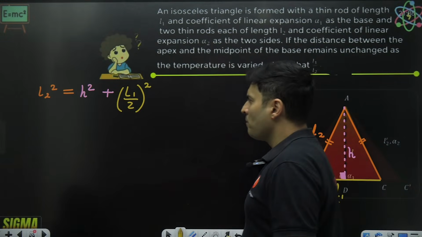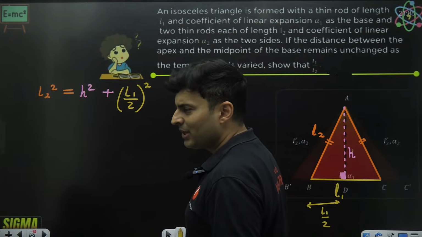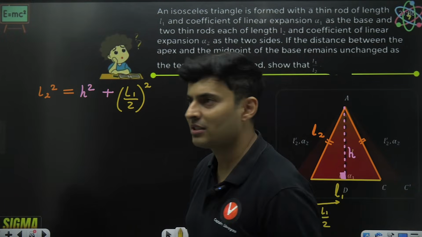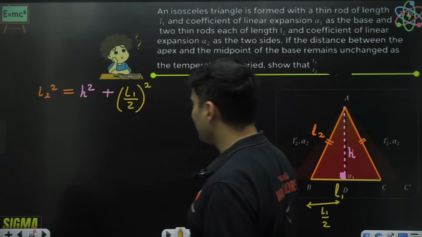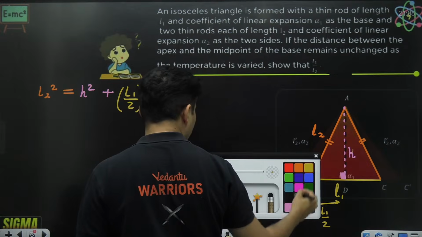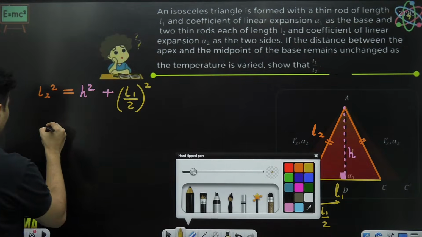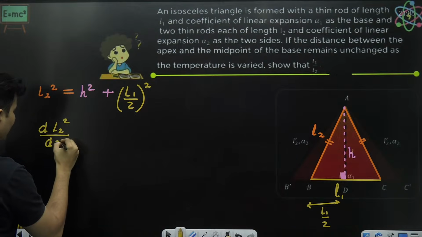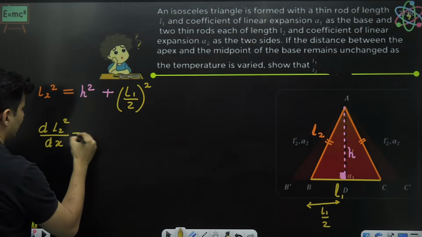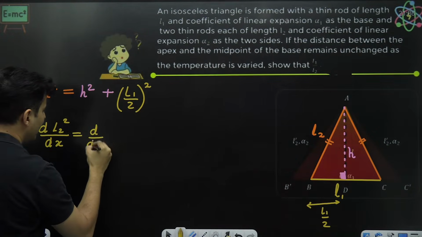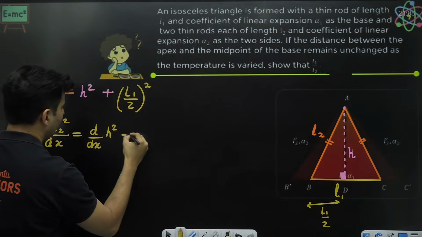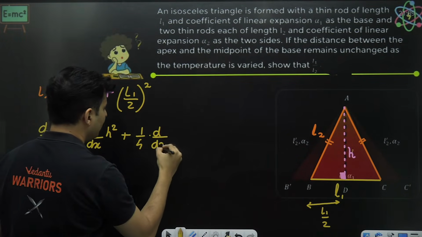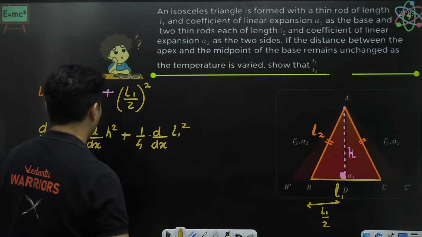That is what it would be. But what do I do now with this? I have an idea. Let me take the derivative of this. Observe this carefully now. If I take the derivative with respect to some variable x, d by dx of L2 square equals d by dx of h square plus 1 by 4, which is a constant, times d by dx of L1 square.